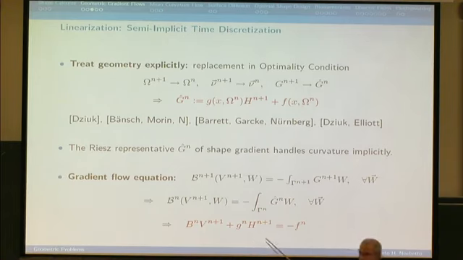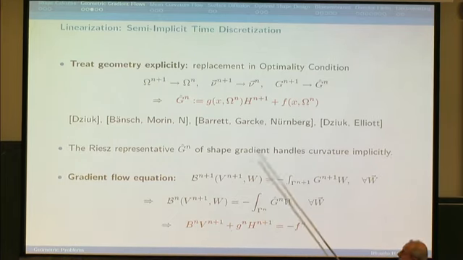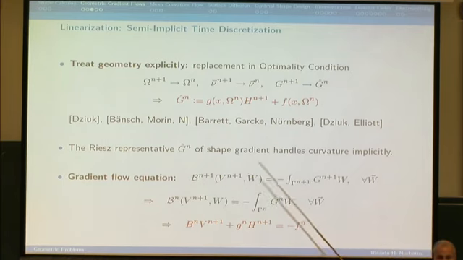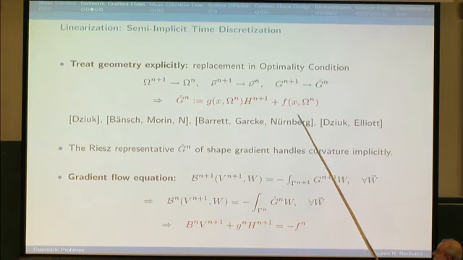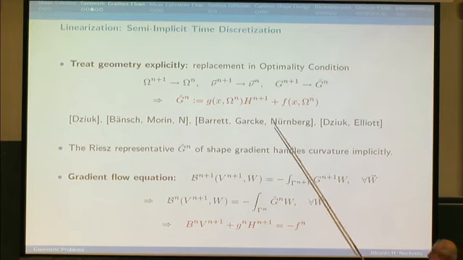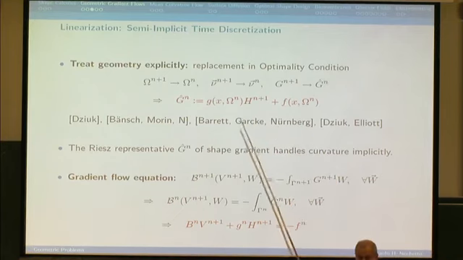So the equation now, in vector form, becomes something like this, where the operator is explicit, g is explicit, h and v are implicit. Okay? Even though this looks like a very dramatic change, it can be proved under certain assumptions that this is a stable method. And the only constraint in this time step is due to the geometry. You don't want to go too far to mess up the geometry, but there is no stability constraint in terms of CFL.